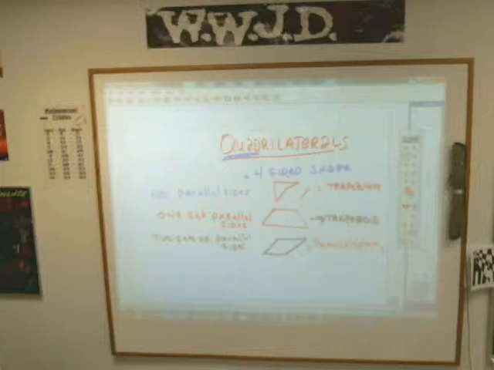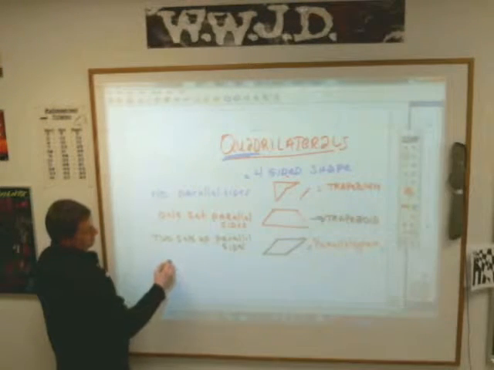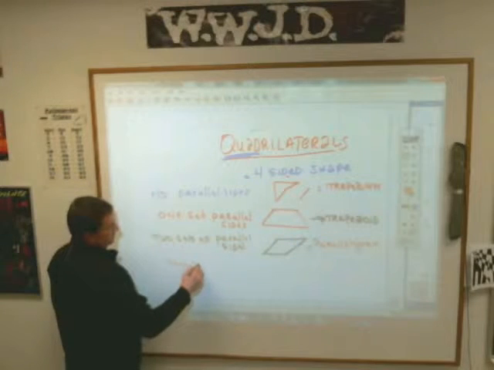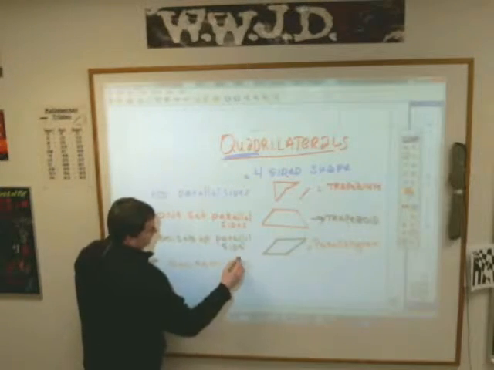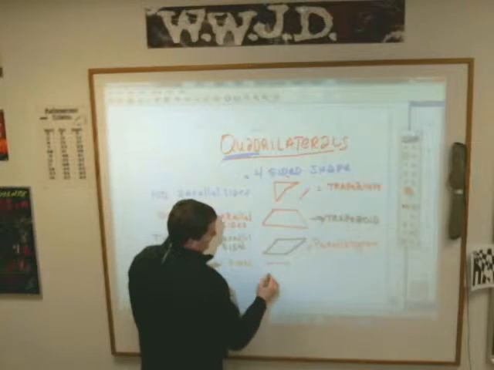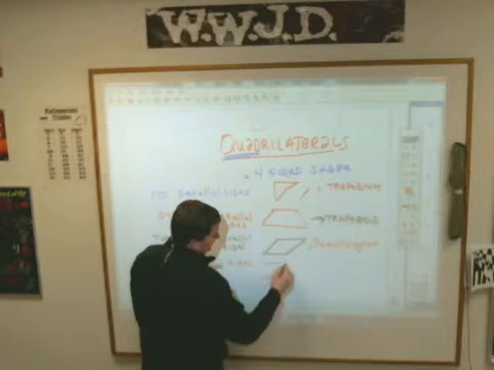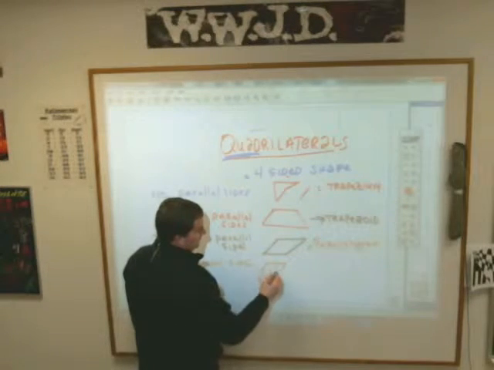Then, if you have a four-sided shape that has all equal sides, okay, actually the thing that I just drew is pretty close to it too. But this one has to have all equal sides. This side equals this side equals this side.